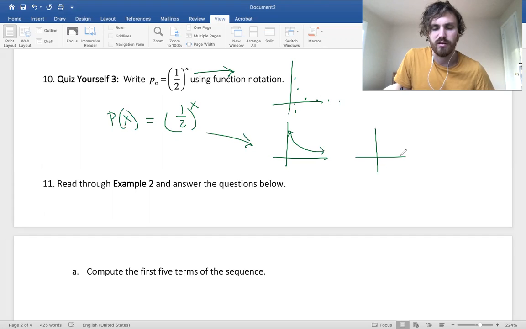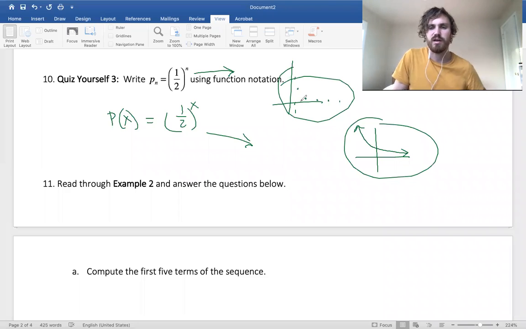It really should look like that. Okay, so there's a slight difference in this one being a connected continuous graph versus the sequence, which is just the dots. And I made a few mistakes there, but it gives you the idea.